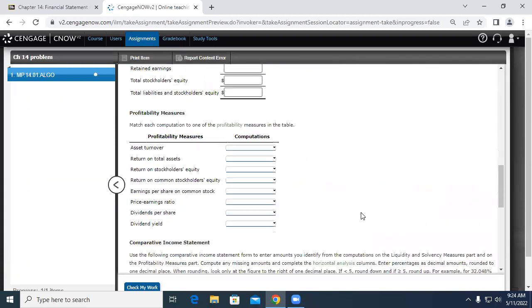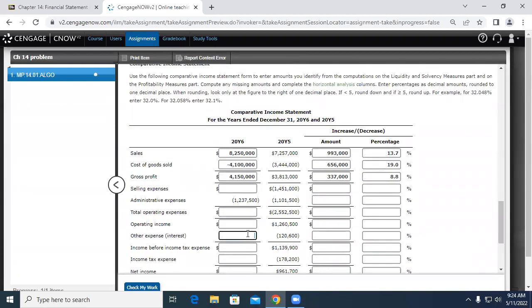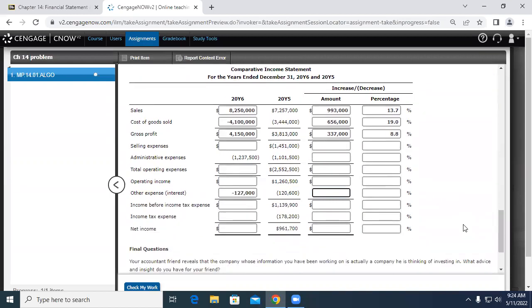Interest expense is $127,000. Come down here and put that in. And while we're here, we might as well do this other piece. Makes it a little less tedious if we give a little bit at a time.